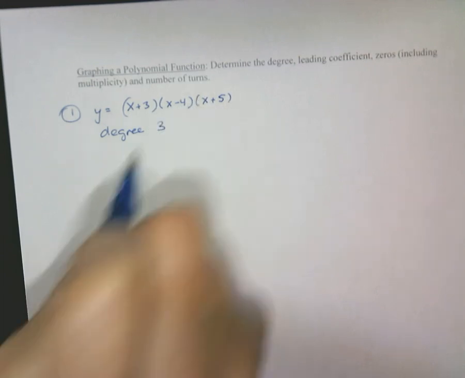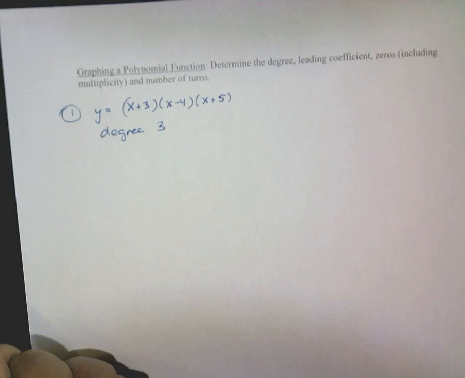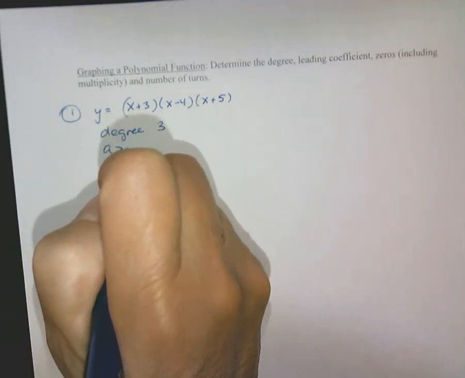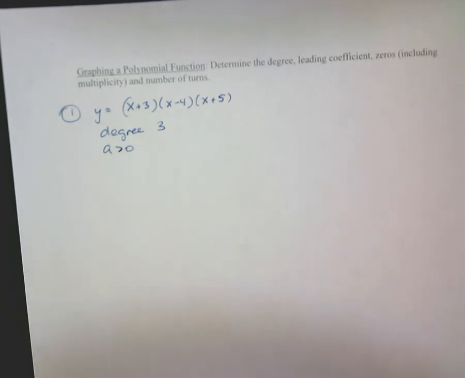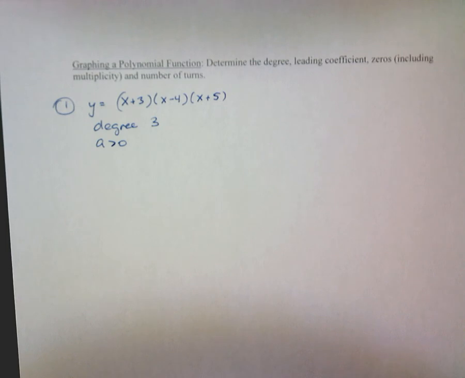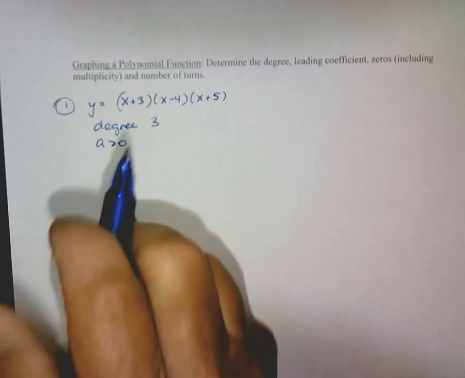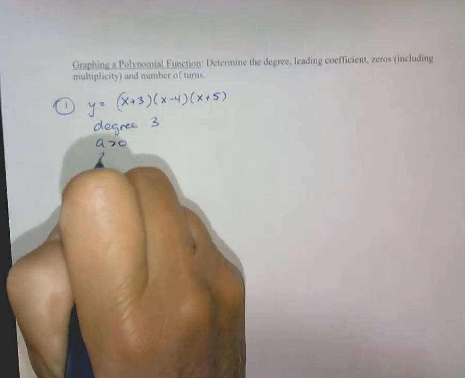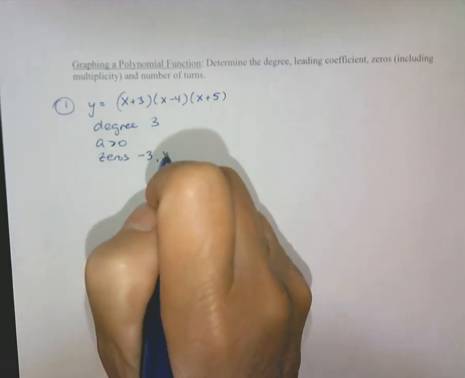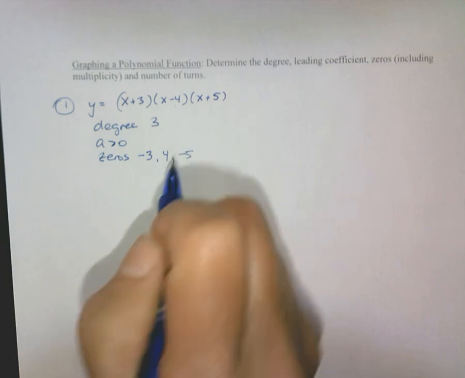So my degree is 3. My leading coefficient is positive. And I'm just going to say a greater than 0 because math people love initials. My zeros, I get negative 3 used once, 4 used once, and negative 5 used once.